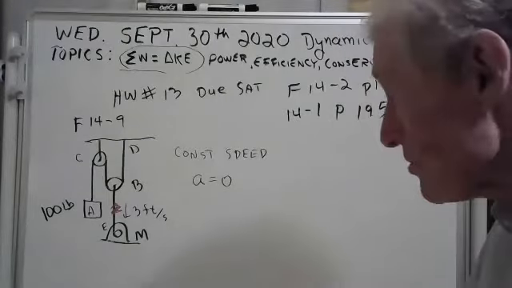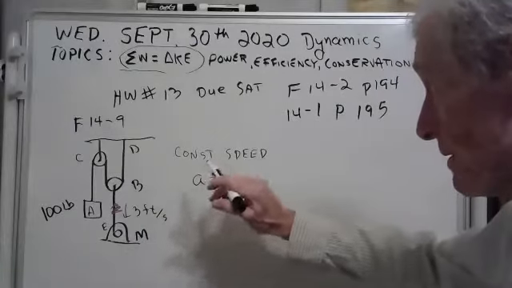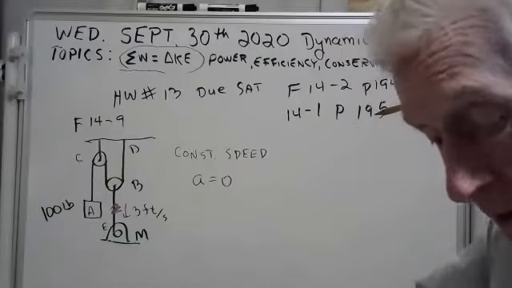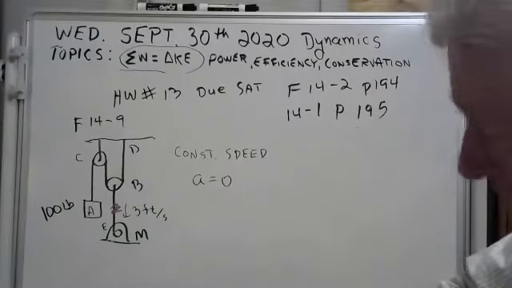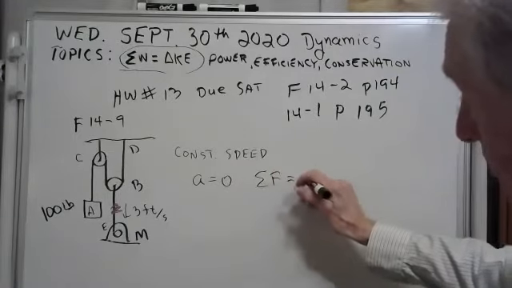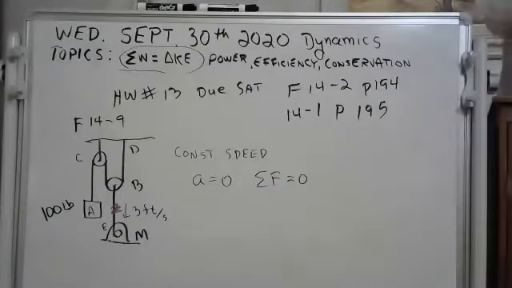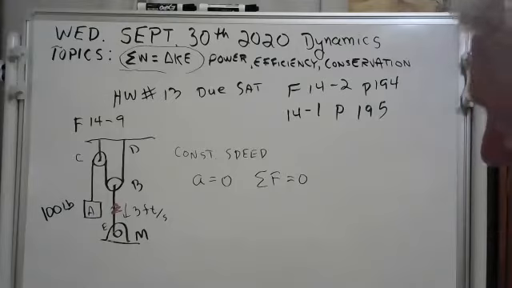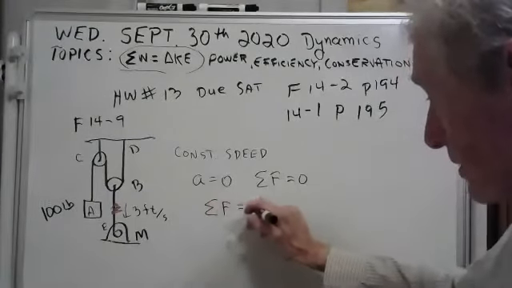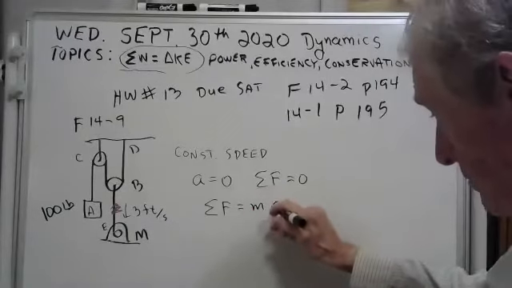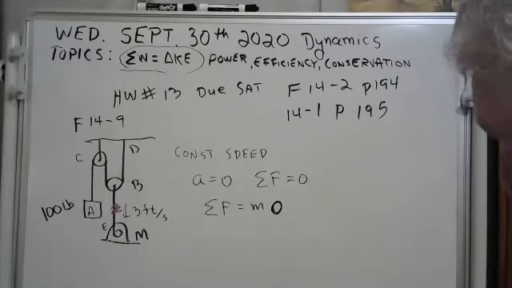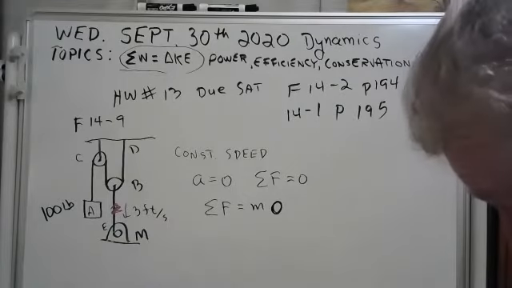I guess not. I guess you understand if you have constant speed, you don't have any acceleration. You know what that means? That means that the sum of the forces is zero. Because Newton says the sum of the forces is equal to ma. Well, if a is zero, then the sum of the forces is zero.